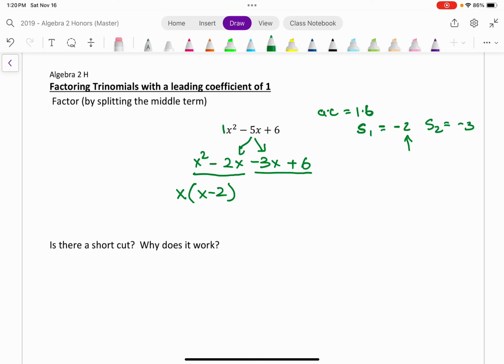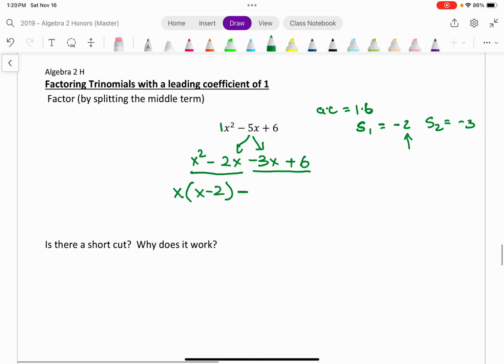The same in the second grouping here. I know that the second number in the split, negative 3, I could have switched the negative 3 and the negative 2, but I just chose it this way. The negative 3 will go into the positive 6 because I got the factor of negative 3 from the 6. So in this grouping, I can factor out a negative 3, and then I'm left with an x minus 2. If those two binomials don't match, I did something wrong.